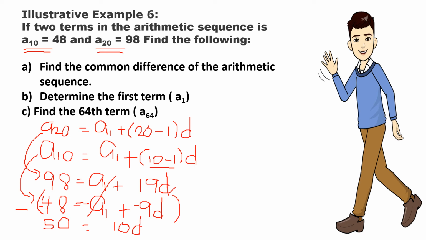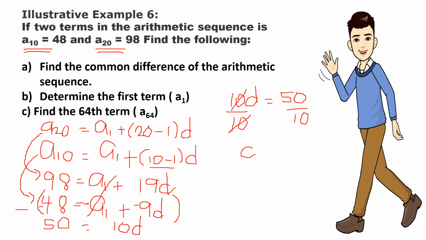Then pag sinolve natin yung letter D, we have 10D equals 50. Gamit tayo ng division this time. Divide natin both sides of our equation by 10. Since 10 yung kasama ng ating letter D. So, yung number na kasama ng letter D serve as our divisor para maging 1.